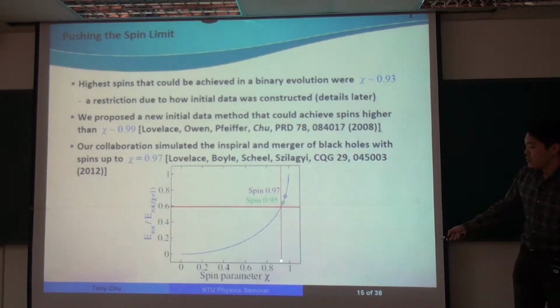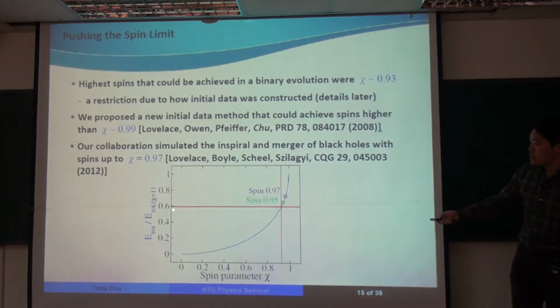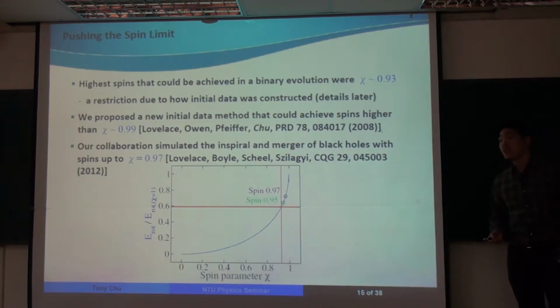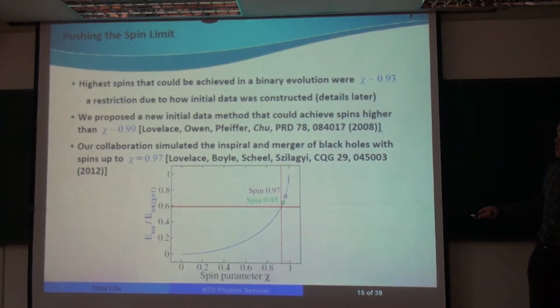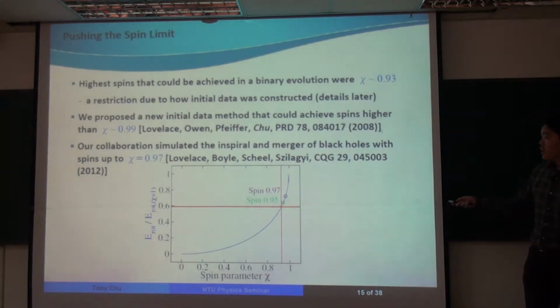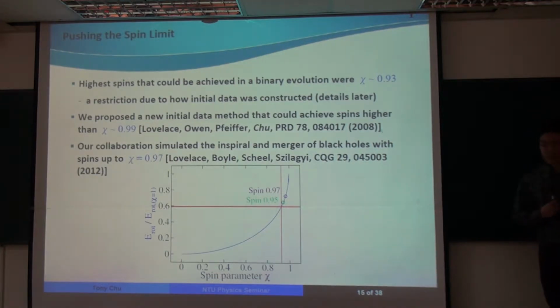And if the value of that spin was 0.93, then that means that you can reach about 60% of the maximum possible rotational energy that a single black hole can have. So if you don't go beyond 0.93, then you're actually missing out on a lot of potential physics. So it might not be unimportant to go beyond 0.93.